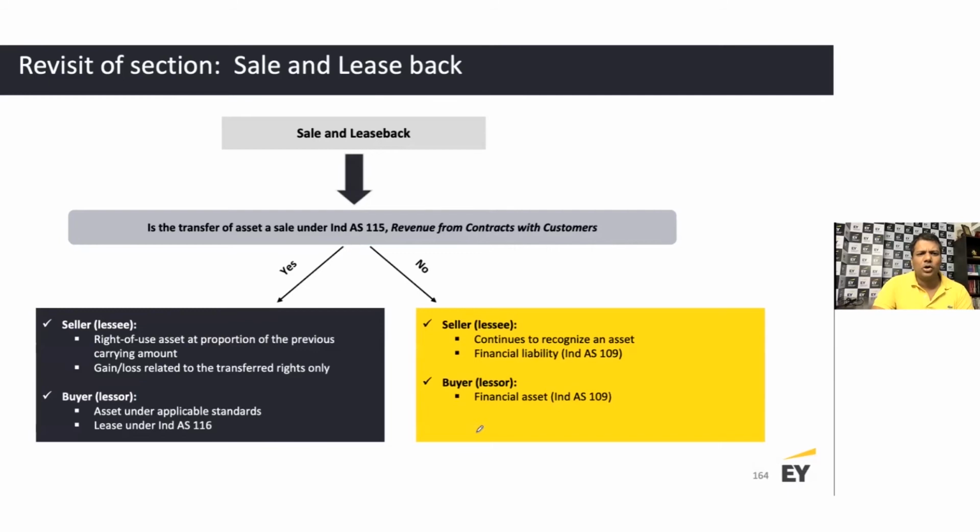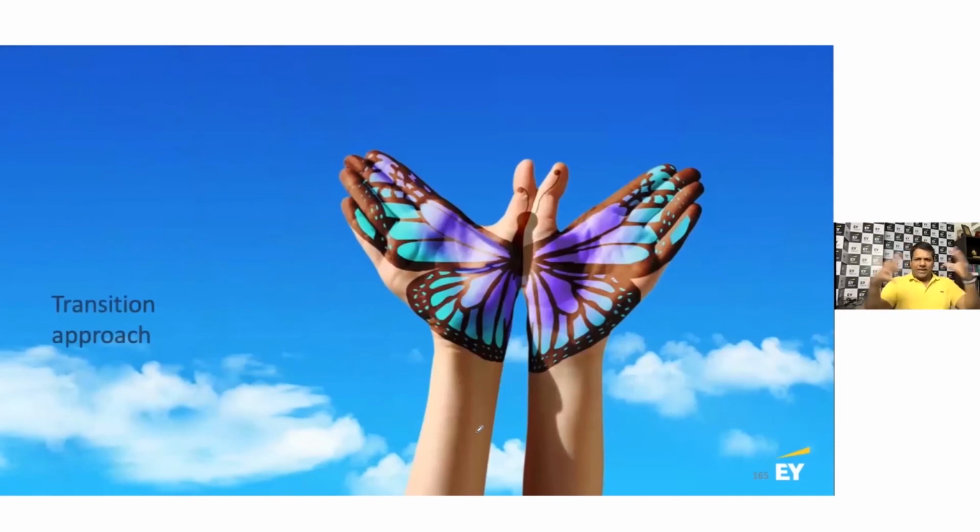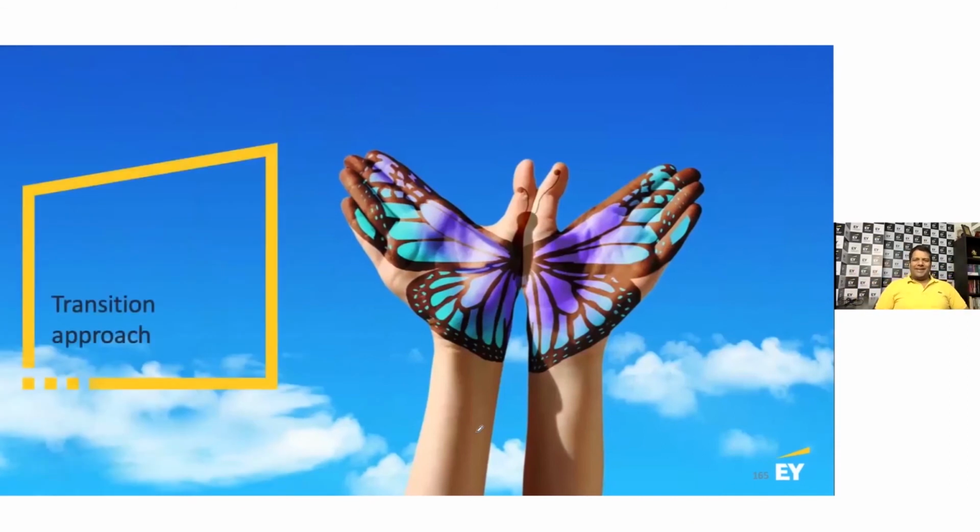So from a seller lessee perspective, there could be a gain or it could be a financing. From a buyer lessor, I would record the asset and then the subsequent accounting for the lease receivable under the Ind AS 116 model. So that is possibly what we wanted to talk to you about on Ind AS 116.